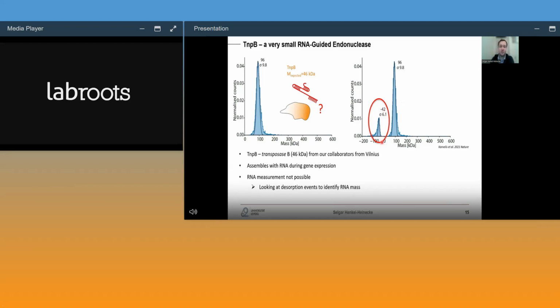So we see what is going away from the surface, and since we use a normal glass surface and not a coated surface, we can look at what is going away from the surface as well as what is landing on the surface.